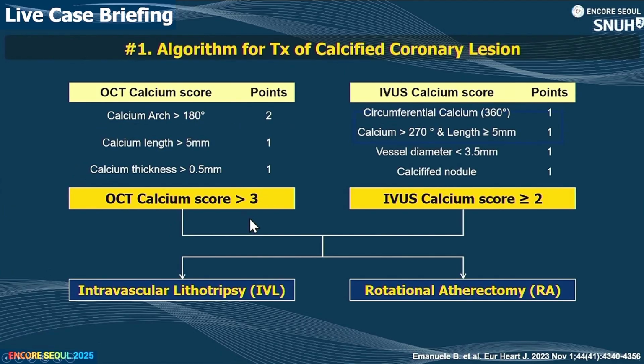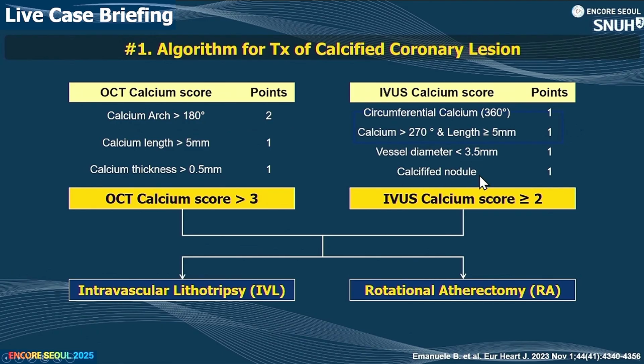Here is the algorithm for treatment of calcified coronary lesions based on IVUS calcium score versus OCT calcium score. They are a little bit different. First, on the right side, the IVUS calcium score is composed of 4 points. First is circumferential calcium, 360 degrees. Second, calcium more than 270 degrees plus length more than 5 millimeters. Third, vessel diameter less than 3.5 millimeters. Fourth, calcified nodule.